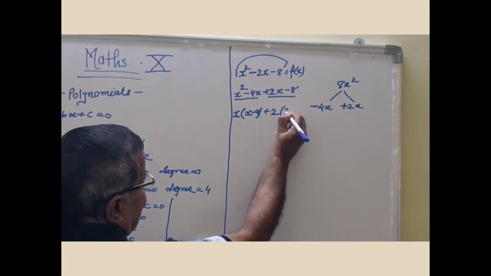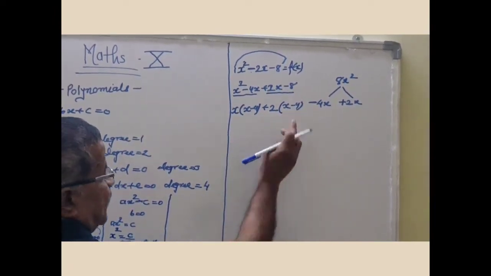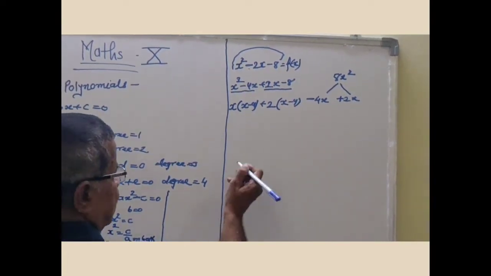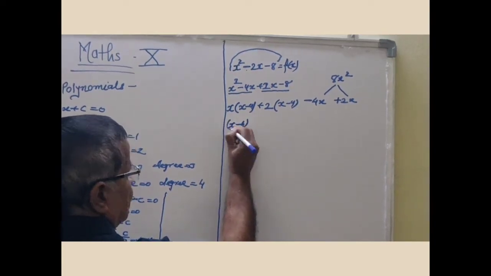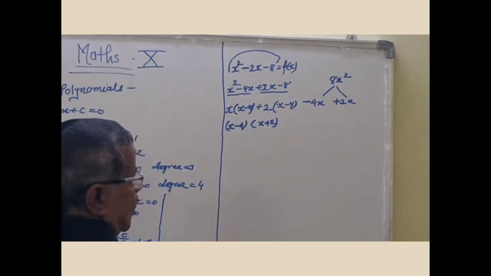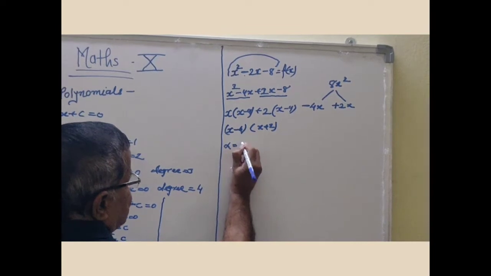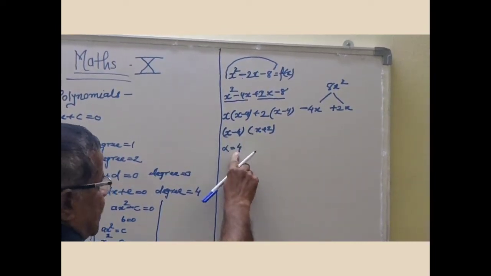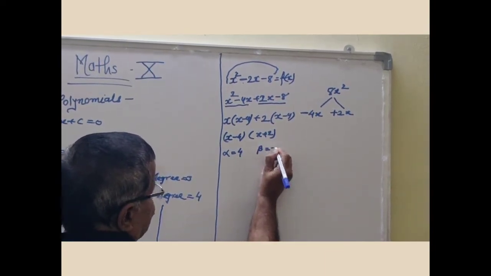Again the bracket will come to be x minus 4. The bracket must be the same. Otherwise your factors are wrong. Now x minus 4 is the common factor and x plus 2 is the other. Okay. Now my alpha is plus 4, because here it is minus 4, therefore you take it as a plus, and beta is minus 2.